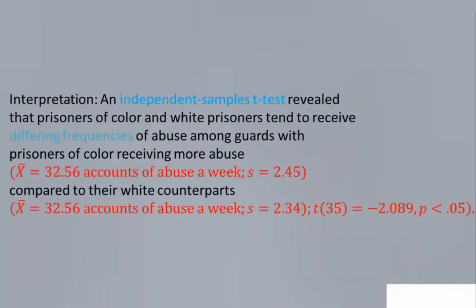And so the difference here is that I'm not stating the direction right off the bat. What I'm doing is I'm saying we hypothesized just a difference, and then our test showed us the direction of that difference, right? So we just add the information here that prisoners of color received more abuse than their white counterparts.